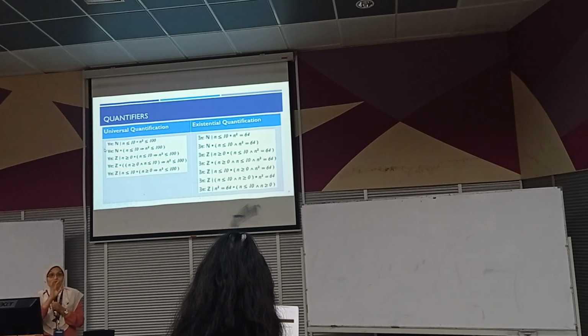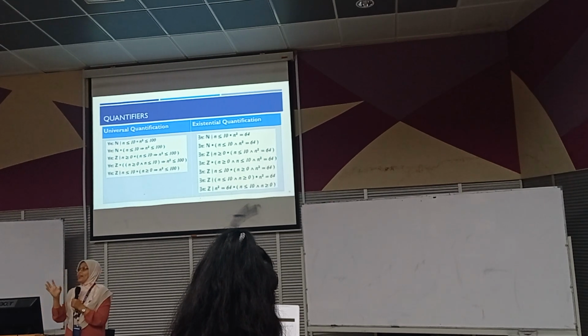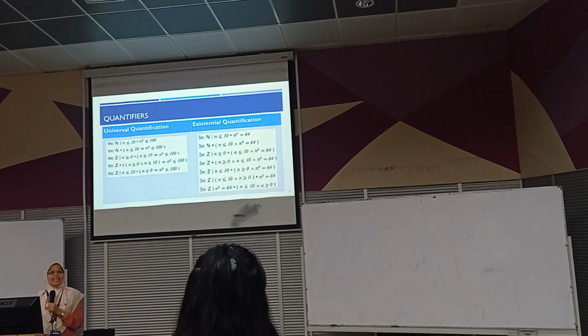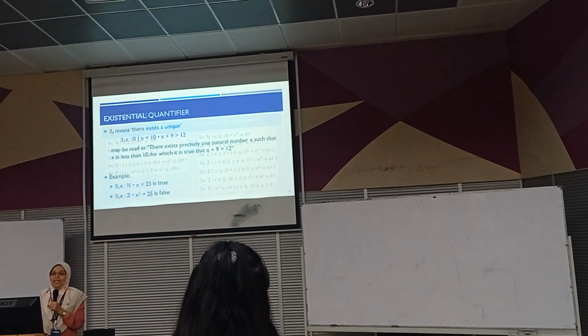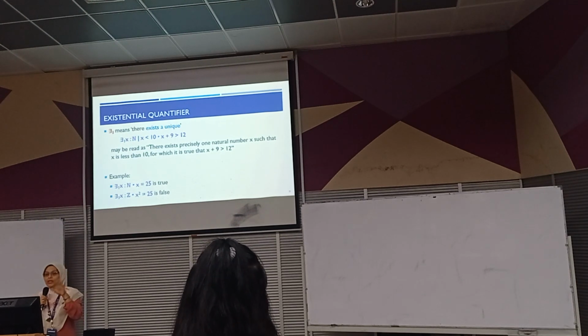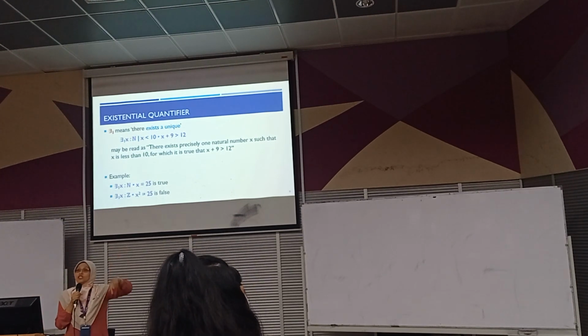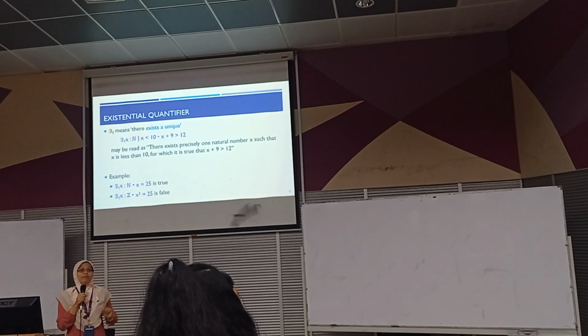But mostly it will be together with set comprehension. So that is quantifiers. You can also have the existential quantifier, but seldom do students use it. Normally they just use the normal quantifier only.